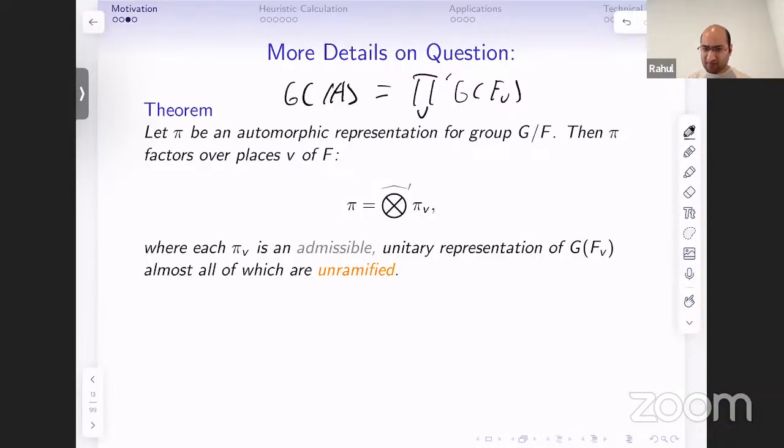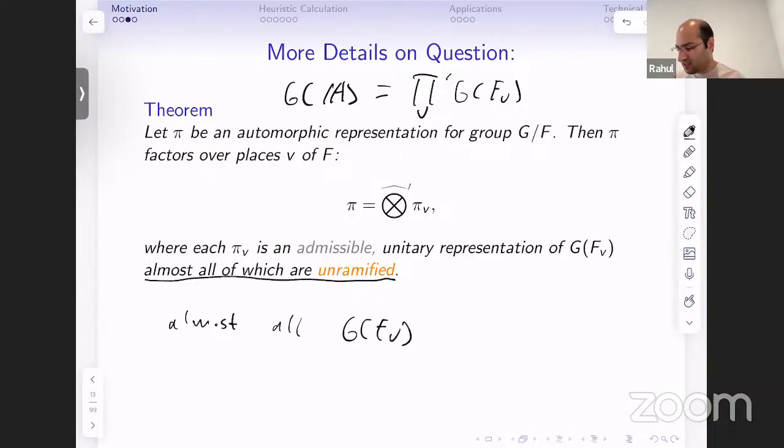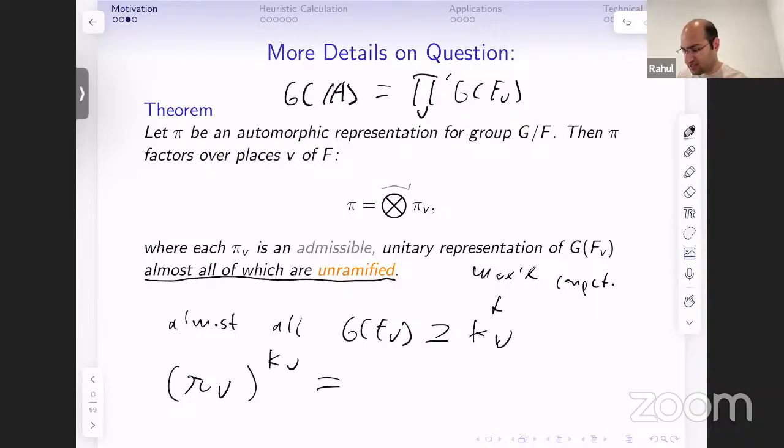And the important technicality that's going to come up later is that almost all of these components have to satisfy a particular condition, that they're unramified. So what does unramified mean? Well, unramified means that almost all of these G(F_v) contain a K_v, which is basically a maximal compact subgroup, and pi_v needs to have a fixed point with respect to K_v.